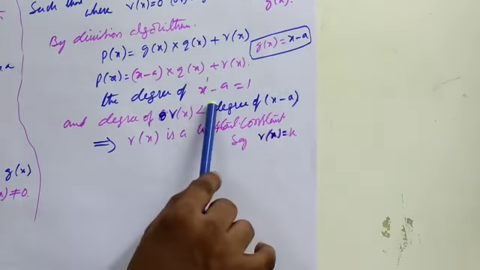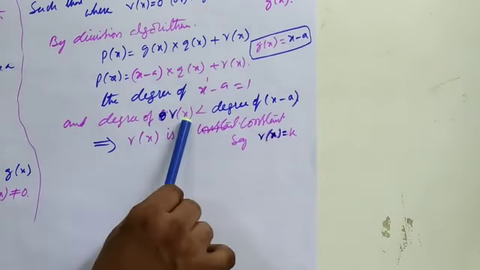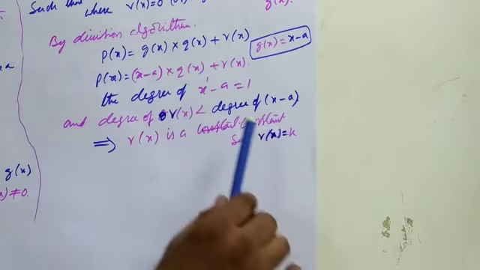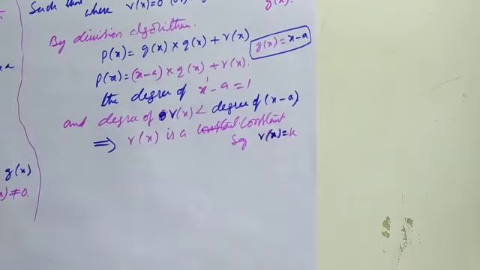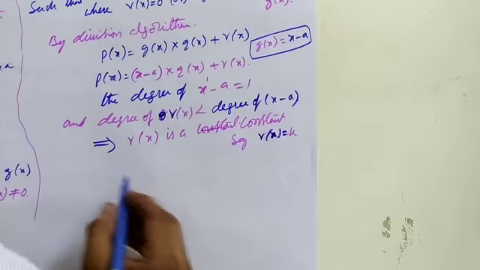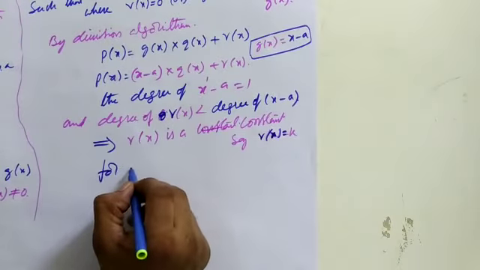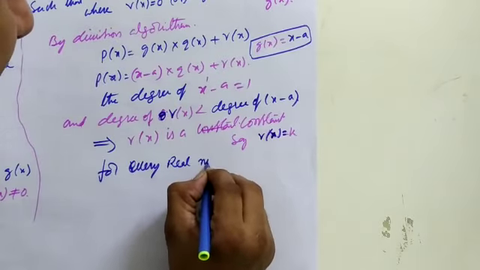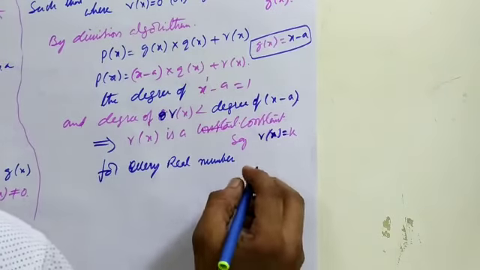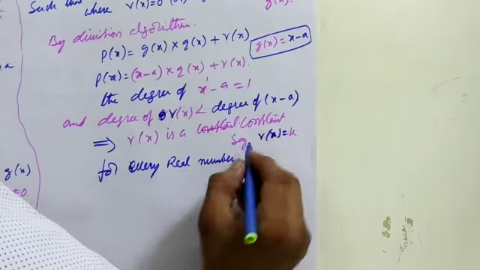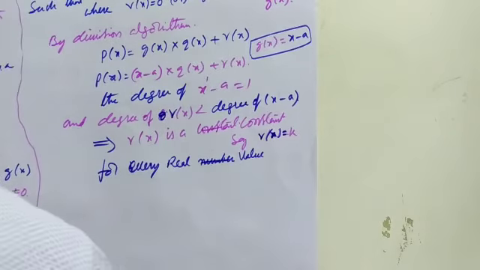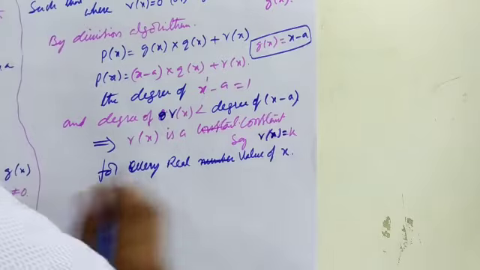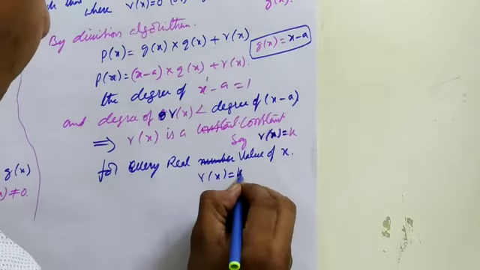The degree of x minus a is 1, and at the same time the degree of r of x is less than the degree of x minus a. For every real value of x, r of x is equal to k.